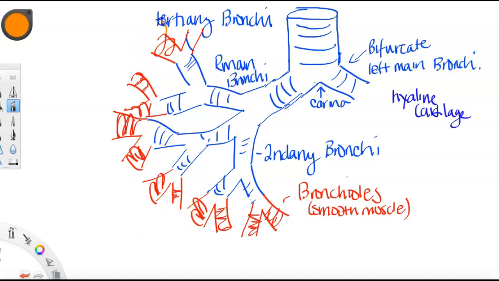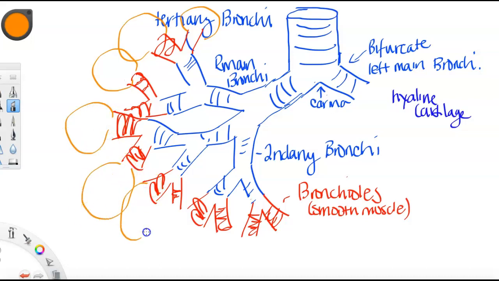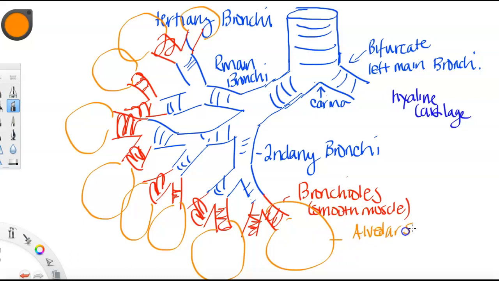So at the end of each bronchiole area, just do like that, then we're going to get alveolar sacs. And those are just bundles of alveoli.